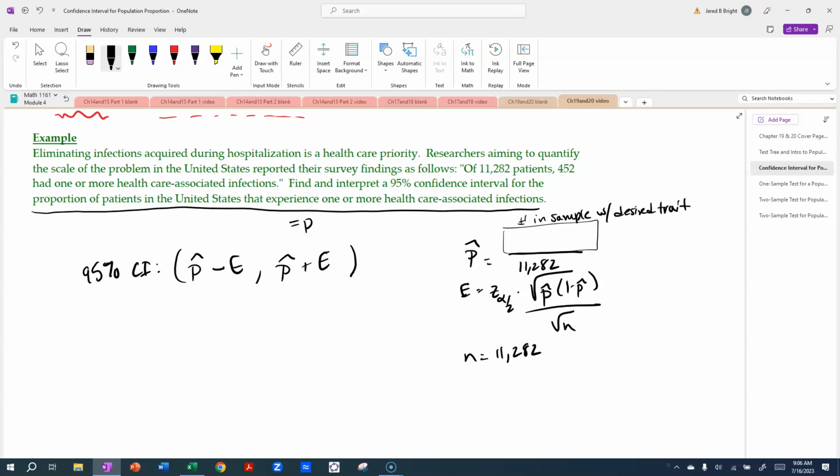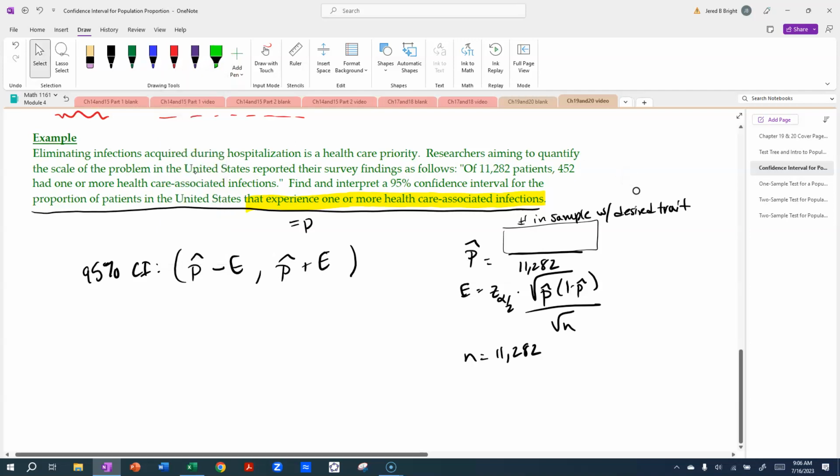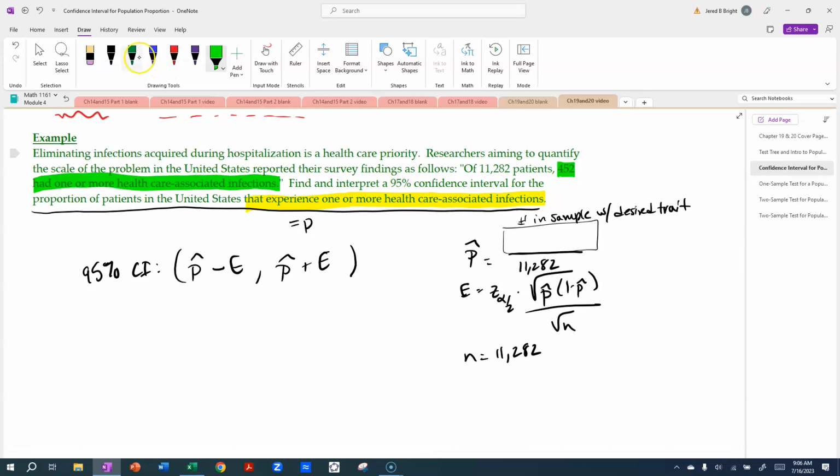Well, it's the same trait as what's present in the population proportion. So the trait is that they experience one or more healthcare associated infections. So in our sample, how many experienced healthcare related infections? Reading 452, right? So that is the number that goes in my numerator.